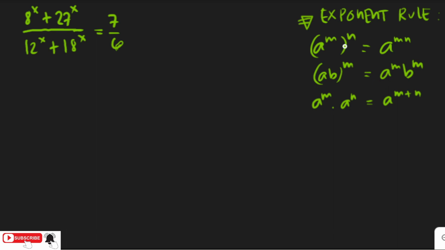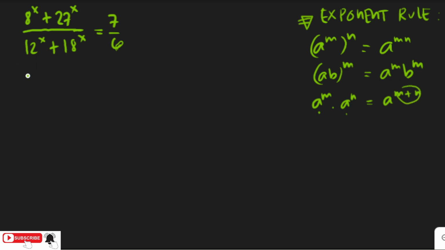These are important so that we can solve this equation. And these are the product rule: a^m times a^n, so if we have the same base a, we can add the exponents.